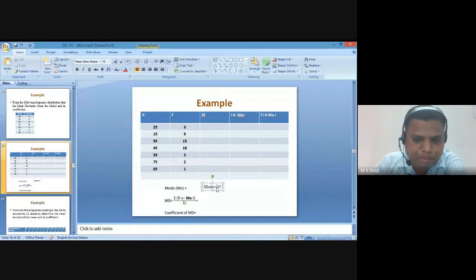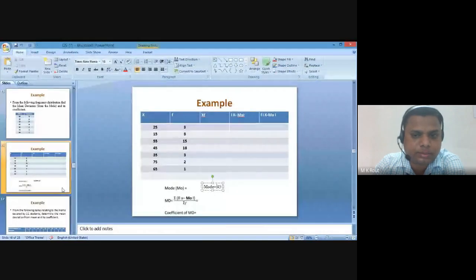Calculate. What is the value of mean deviation? Anyone?